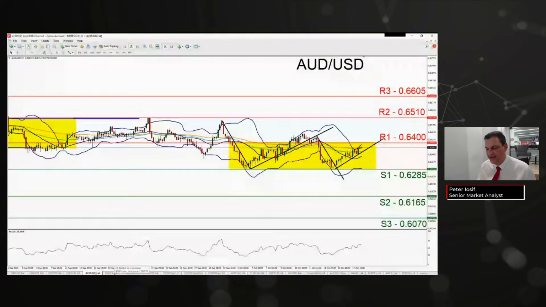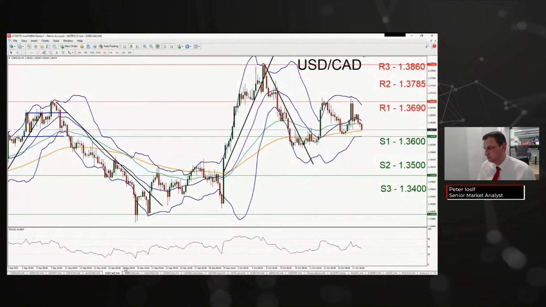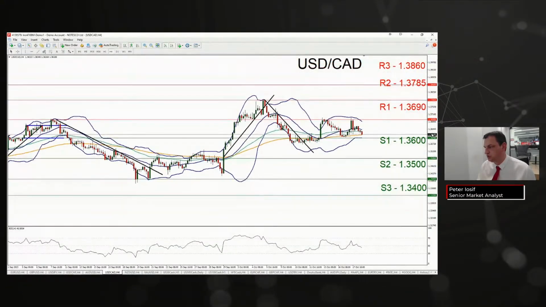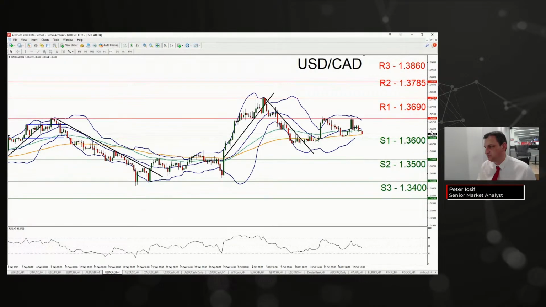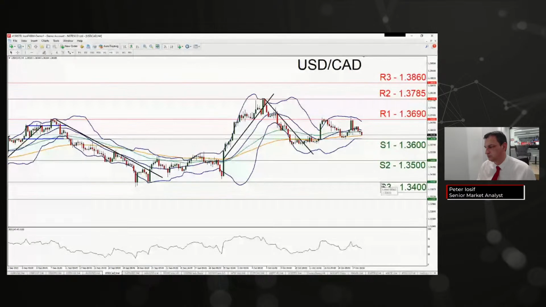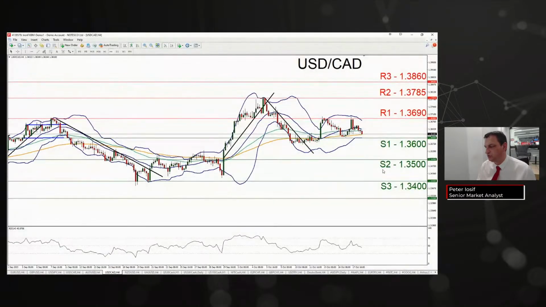Let's move now to USD CAD, also in sideways motion. And this is pretty clear. Note how the support and resistance lines are split in 100 pips intervals.